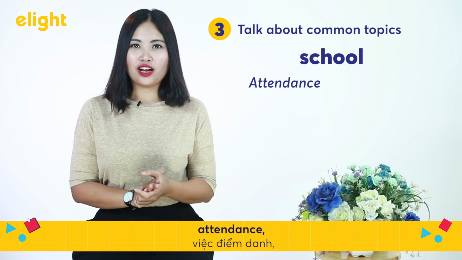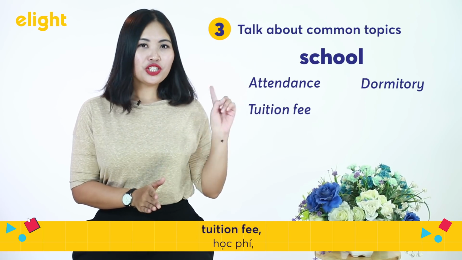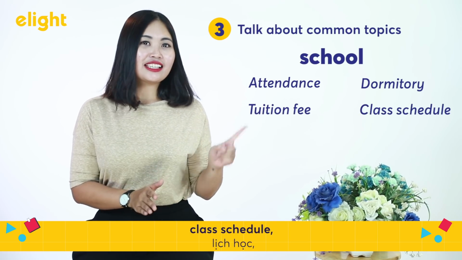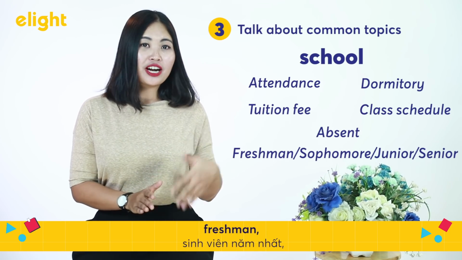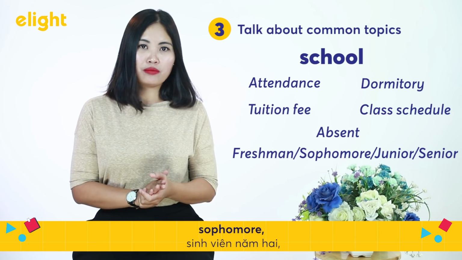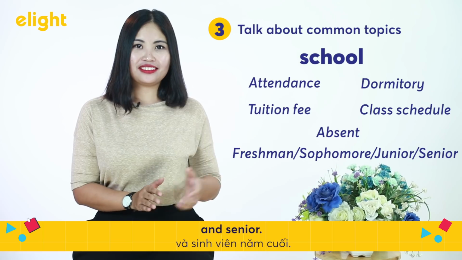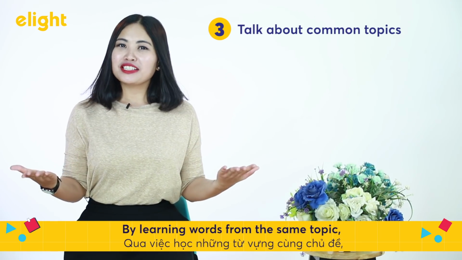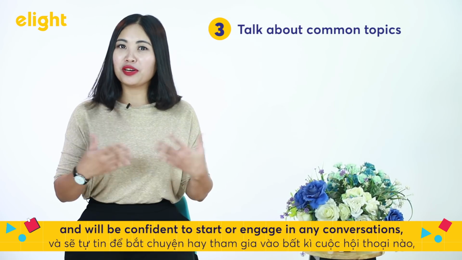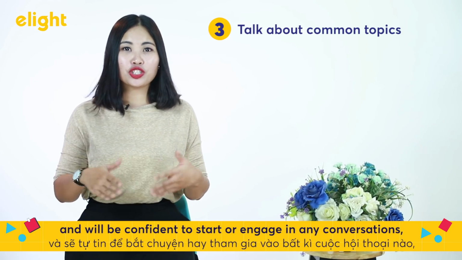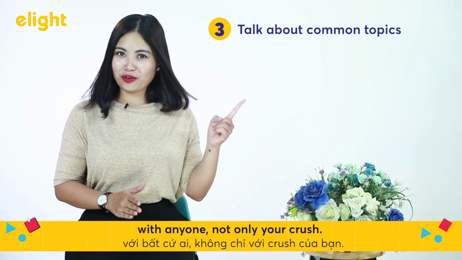Attendance, dormitory, also known as dorm, tuition fee, class schedule, absent, freshman, sophomore, junior, and senior. By learning words from the same topic, you can collect so many words at the same time and will be confident to start or engage in any conversations with anyone, not only your crush.